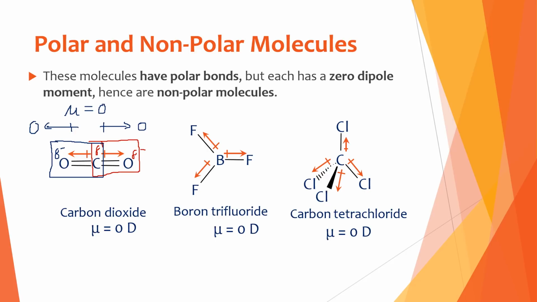The same case happens for the next example, which is boron trifluoride. Between boron and fluorine, we know that fluorine is more electronegative than boron. So the movement for each bond will come from the boron towards the fluorine.